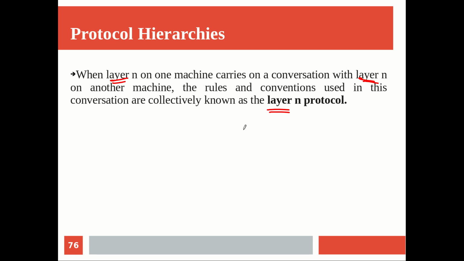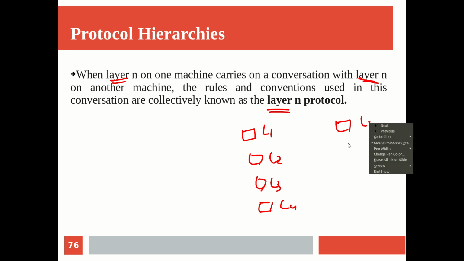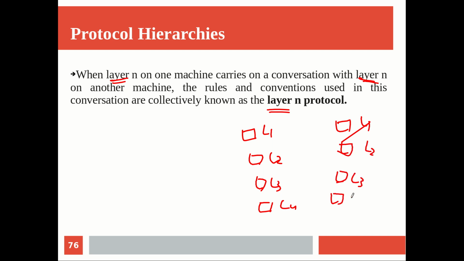From the sender side, we have say layer 1, layer 2, layer 3, say a 3 layer or 4 layer protocol, and at the receiver side also we have the same layers, right? Layer 1, layer 2, layer 3, layer 4, so everything works intact. Finally this layer 1 is trying to communicate with this layer 1.